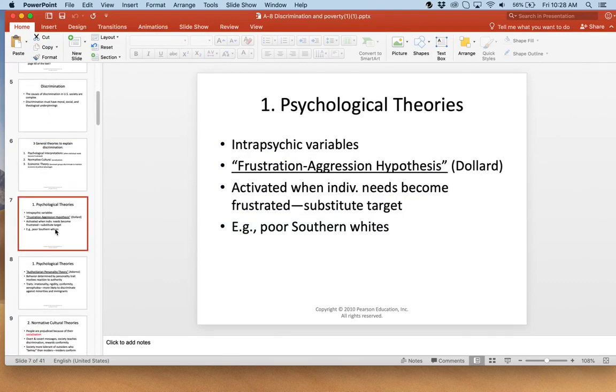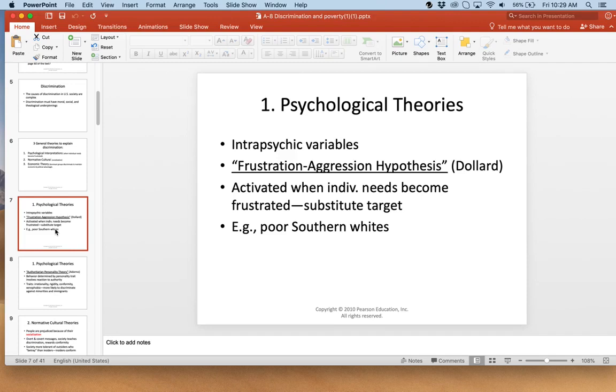So the psychological theory holds that there is some intrapsychic variable that makes people discriminate against other people. This theory was put forward by Dollard: when some segment of the population is frustrated, then the psyche is activated because the individual needs of one population are not met.